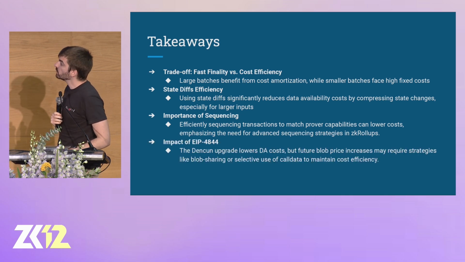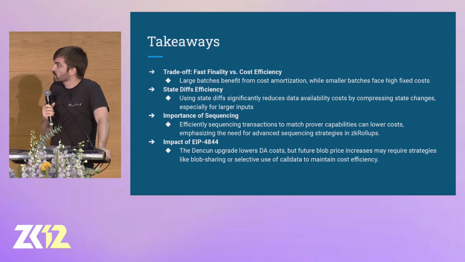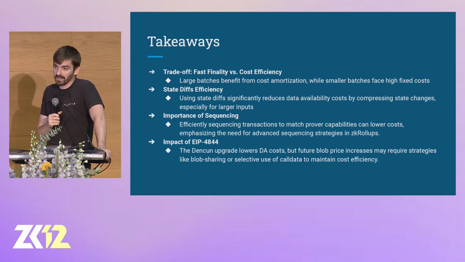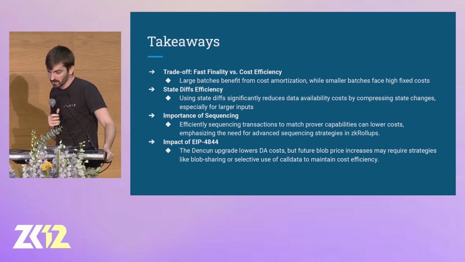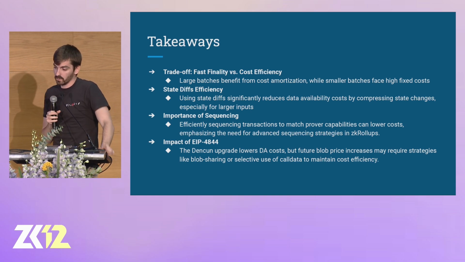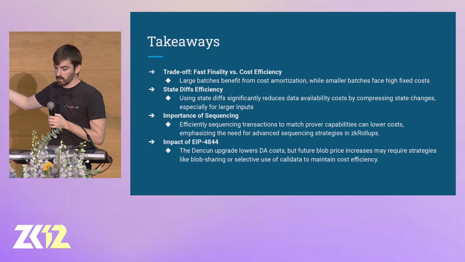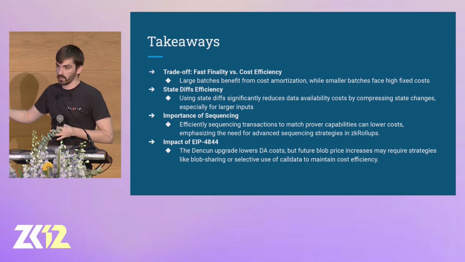And finally, we also saw basically the impact of EIP-4844, what's great for ZK-Rollups. There is a lot of discussion if that should change, if that should not change. But we guess that some strategies will be nice to be developed in case that blobs start becoming more expensive.